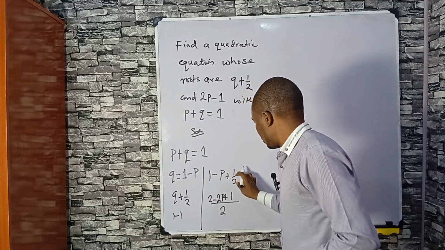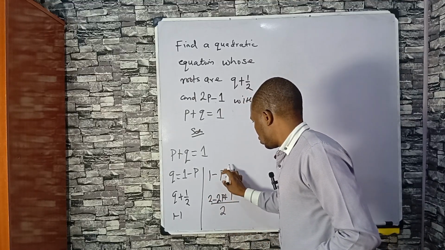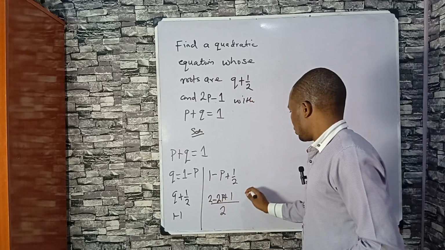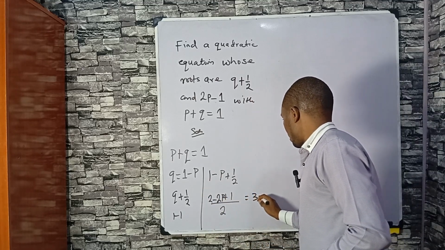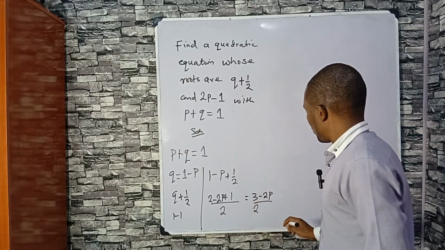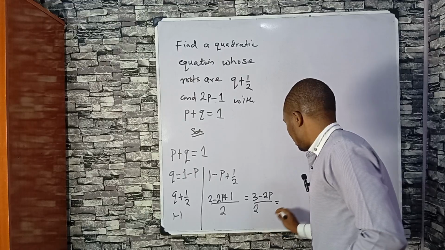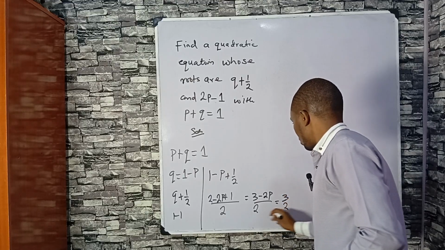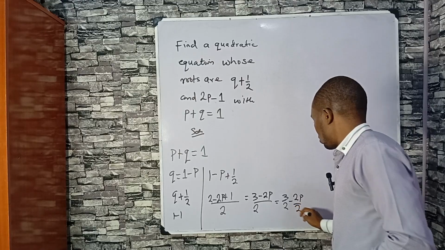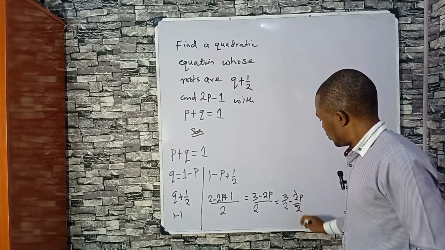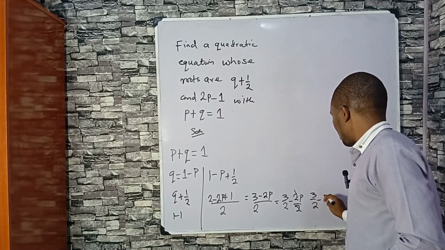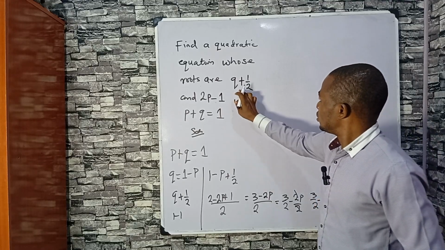Check again. 1, 2p minus 2. Now, 2 plus 1, that is 3, minus 2p, divided by 2. We can write this further as 3 divided by 2, minus 2p divided by 2. This can cancel, and we have this as 3 divided by 2 minus p. That is this root.